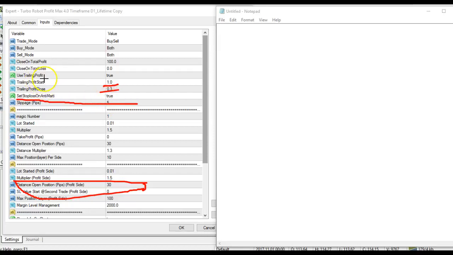This is for anti-martingale, and this portion, whether you earn or not, will be the same. For the set on anti-martingale, the moment you are profiting here, it will use a profit trailing, the same concept, because this portion always earns. It will double up and earn, and then it will lock the profit as you have set over here.